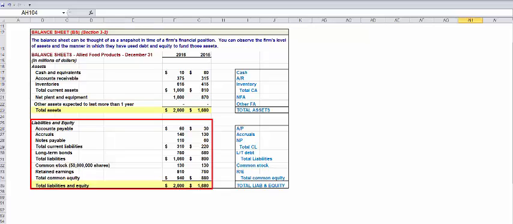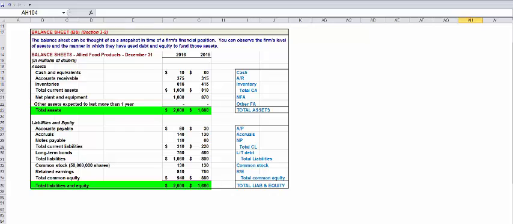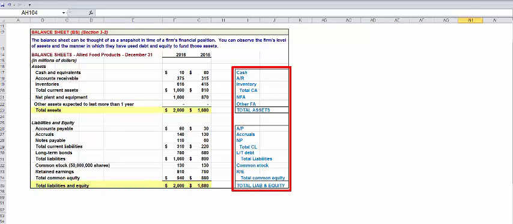And we'll see this in the statement of stockholders' equity. Total common equity is common stock plus retained earnings. Total liabilities and stockholders' equity is equal to total liabilities plus total equity, and that has to match total assets. Notice down the right-hand side, the basic layout of the balance sheet in blue. That's what you ought to have in your mind, that's how it's laid out.